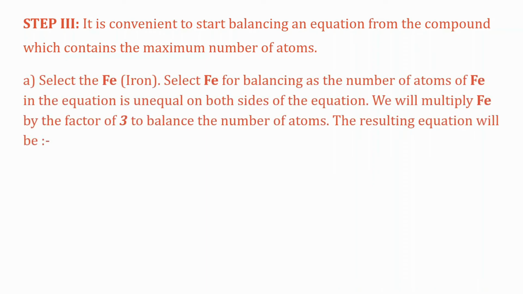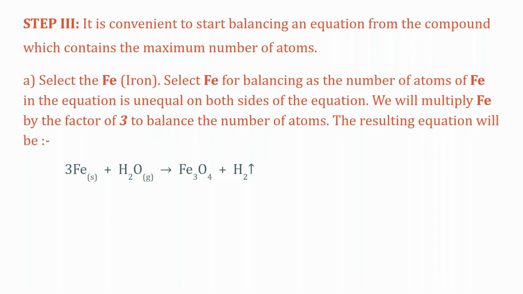So in this equation, for balancing, as the number of atoms of Fe in the equation is unequal on both sides of the equation, we will multiply Fe, that is iron, by the factor of 3 to balance the number of atoms. The resulting equation will be 3Fe plus H2O gives Fe3O4 plus H2, which is given out.